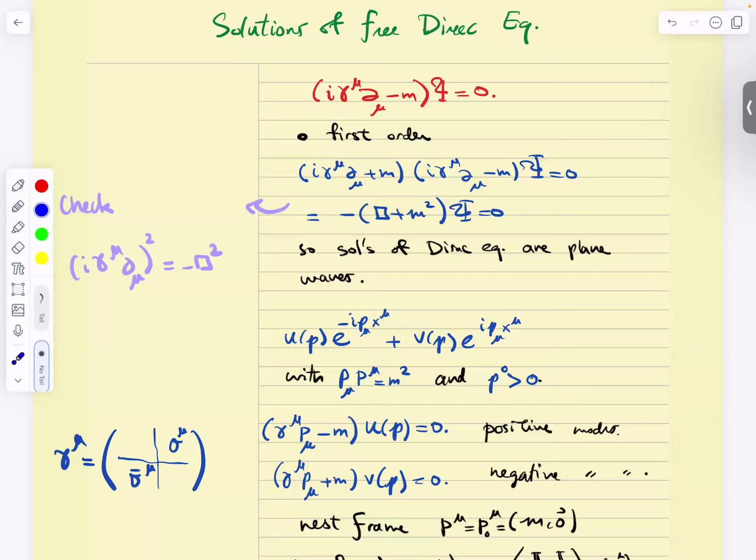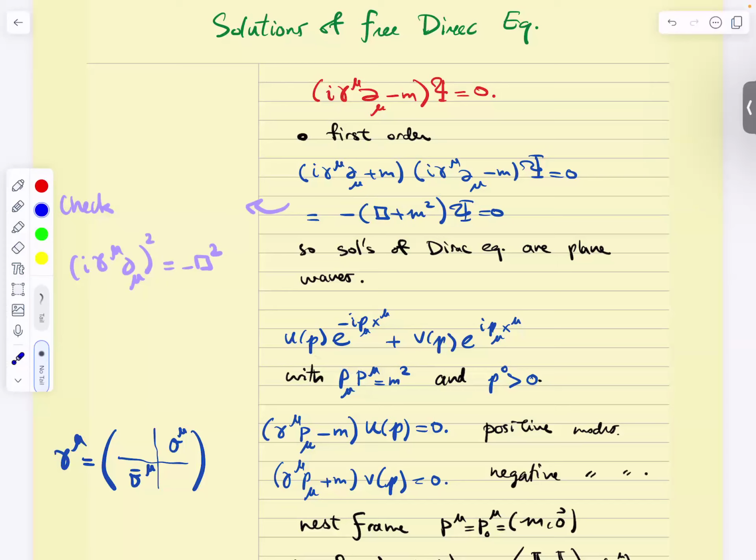Now that we're solving for that, there are 2 choices, p0 positive and p0 negative. I'm going to pick p0 positive because energy needs to be positive. However, I always have this solution, e to the power of i p mu x mu, and e to the minus i p mu x mu. p0 of both solutions is positive. There are no negative energies here, right?